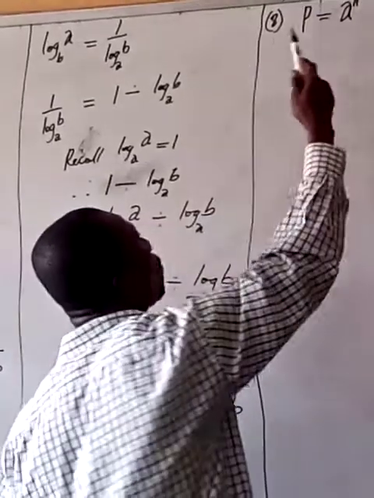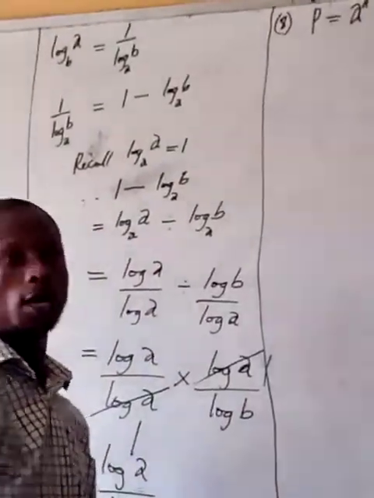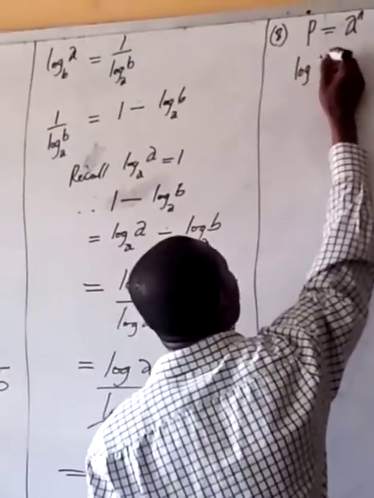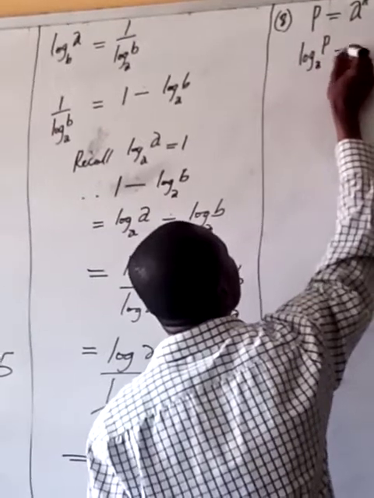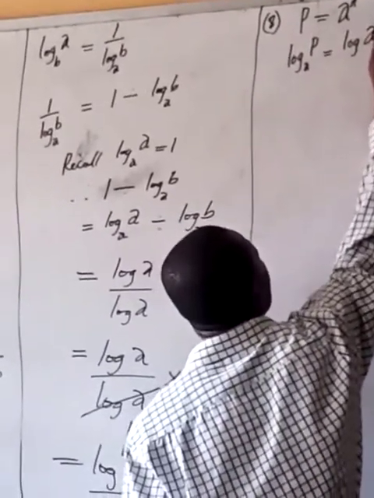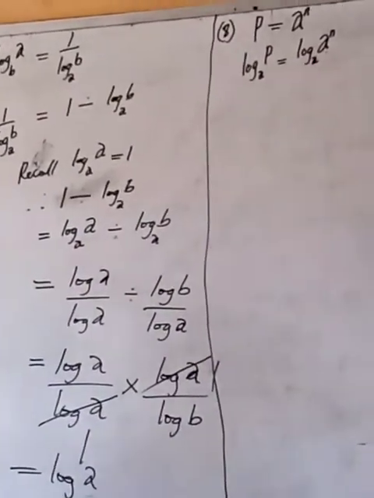To take it from a normal equation to log. How do I mean? I will say log P base A is equal to what? Log A raised to the power of n base A. I'm trying to log both sides.